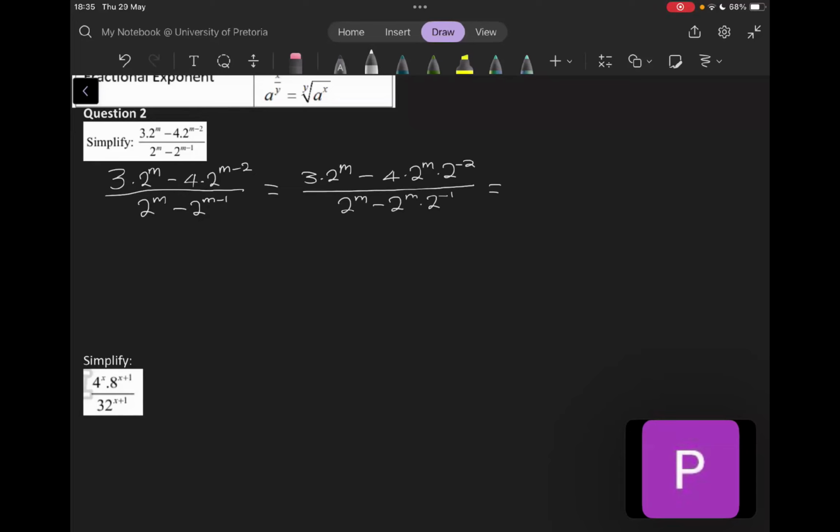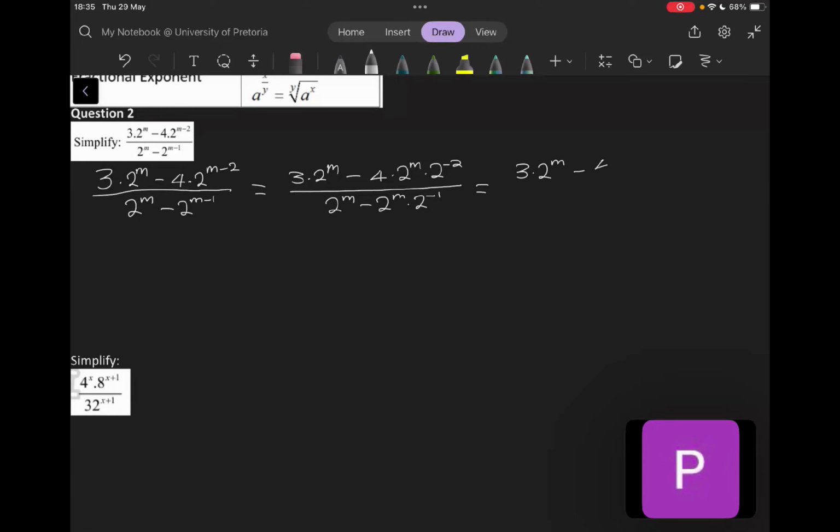If we simplify further, we then have 3 times 2 to the power of m minus 4 times 1 over 2 squared.